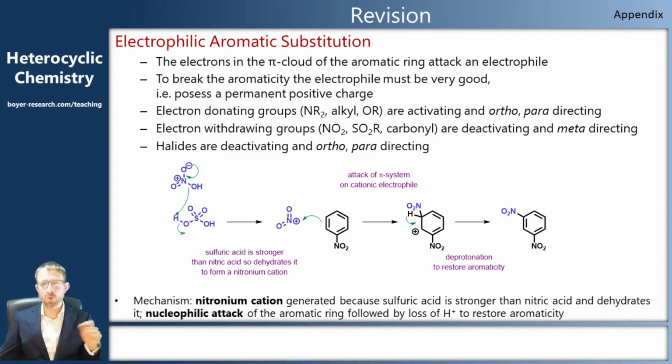So the two electron-poor centers are not on the same atom. Therefore, we end up with a nitro group at the meta position. But in this step, we've broken the aromaticity, but we can regain that aromaticity by losing H+, and that gives us our product.